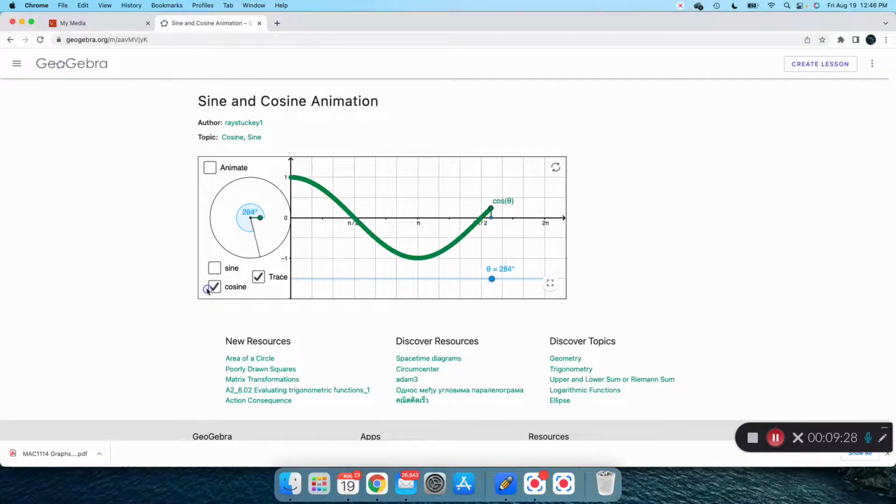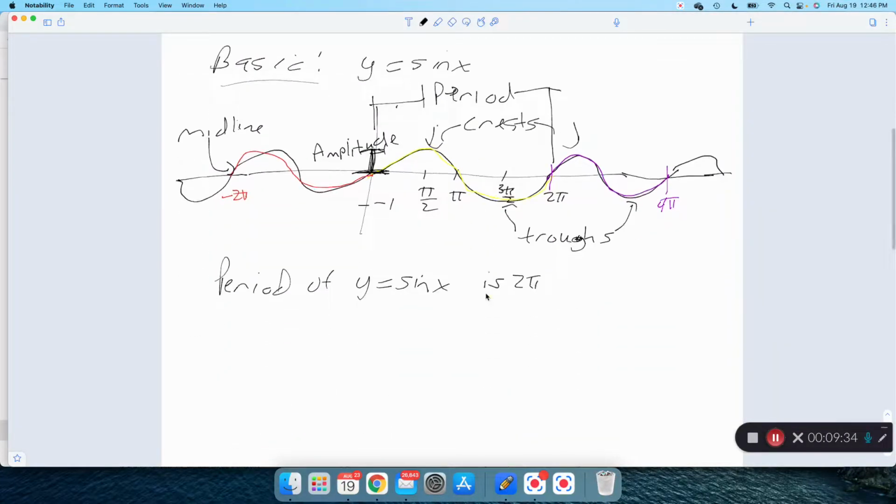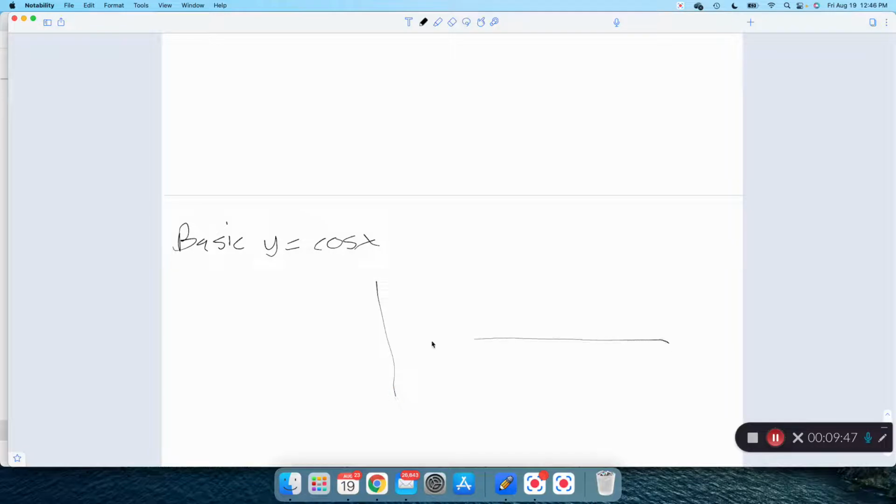Getting smaller, going positive again, and so forth. So that's our basic graph for cosine. It looks just like sine, only it starts at a crest. So cosine is going to go like this, and it's going to just keep oscillating over and over again.